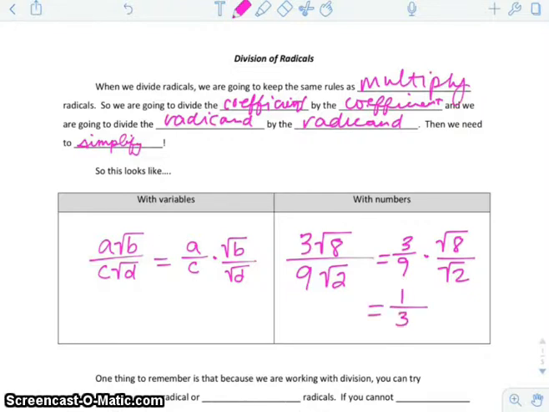I don't move that 3 up to the top. It stays in the denominator, so it's 1/3. And then this simplifies into 8 divided by 2, which leaves me with the square root of 4 in my numerator, which is just 2. So this is 2/3. That whole thing would simplify. Notice I divided coefficient by coefficient, I divided radicand by radicand, and then I simplified.